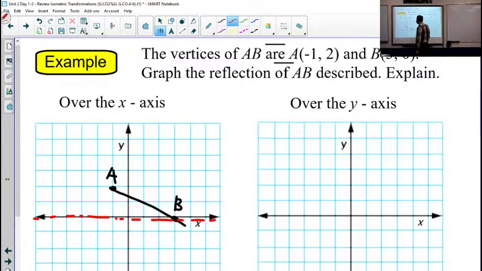So A is going to get flipped. So instead of being 2 above the line, now it's going to be 2 below the line. A prime. B, point B, well, that was on the line. Right on the line, it didn't move above or below it, so that's going to stay where it is.